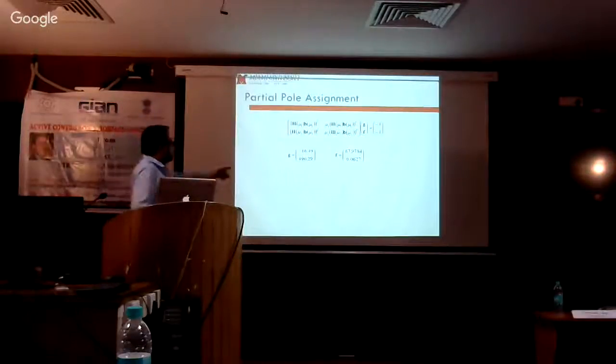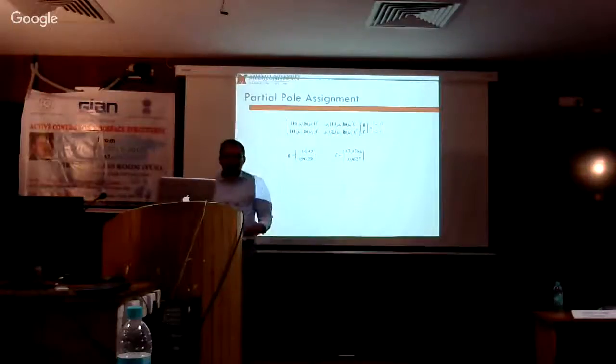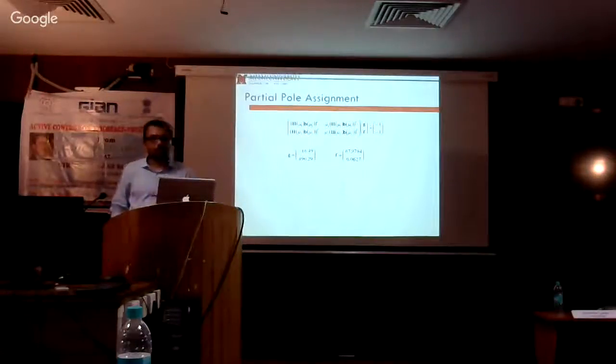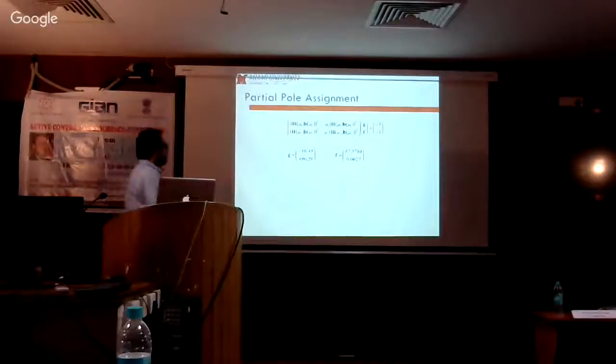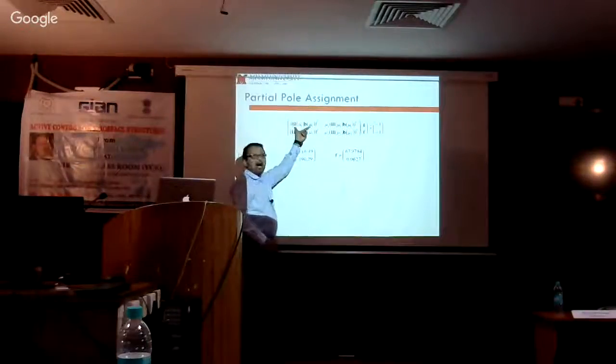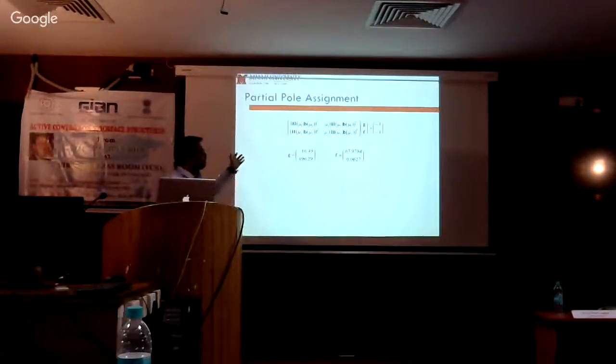And then once you have that B defined, you can apply the receptance method. Because in order to calculate the control gain, the only information I need is R of K, which is H times B. And if I am using only two poles, this is a much smaller system.